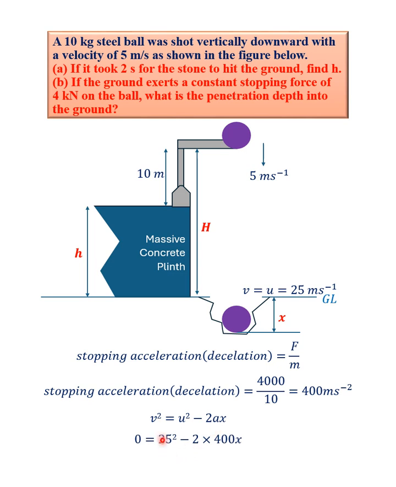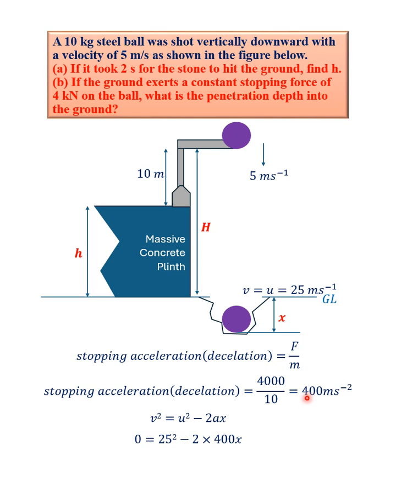If we put in values, we have that v squared, which is the final velocity for the second phase, of course, is 0 because it's going to stop. 0 equals 25 squared, initial speed for the second phase, which is the final speed of the first phase. That is 25. You square that, minus 2 times 400, the acceleration we just calculated.